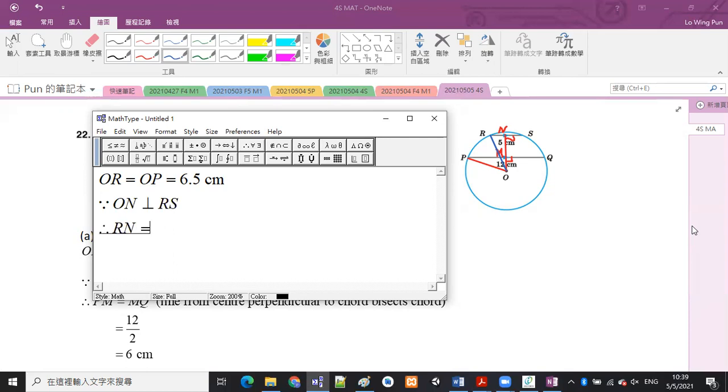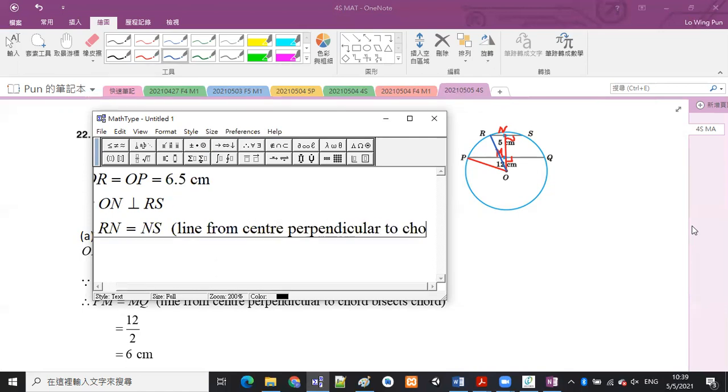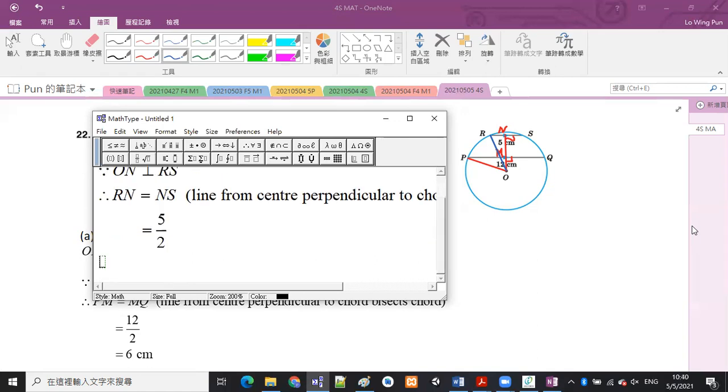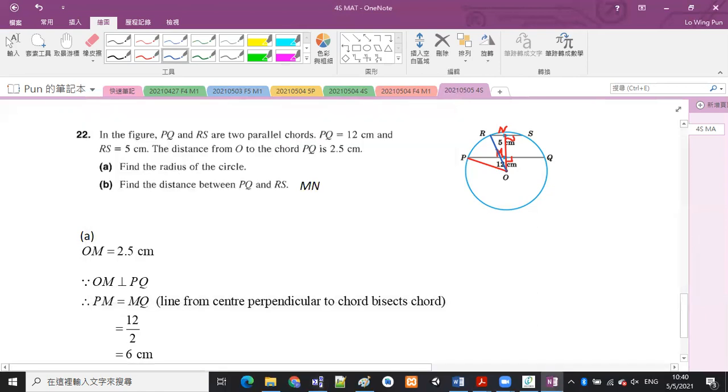That is RN equals NS. With the same reason, line from center perpendicular to chord bisect chord. Okay, and they are both equal to 5/2. That is 2.5 cm. Okay, so let me paste it here first.